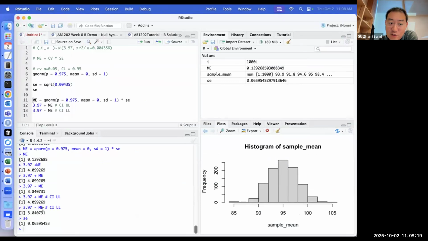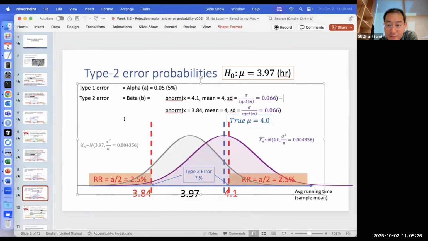It is the square root of 0.00435. So basically the area to the left of 4.1 minus the area to the left of 3.84 is the area of this type 2 error.